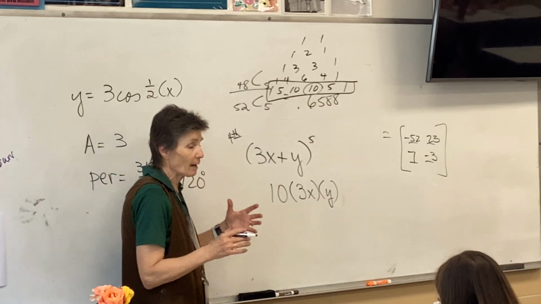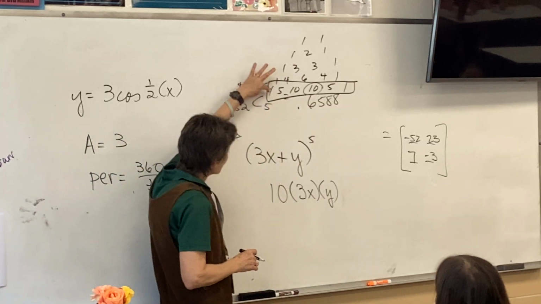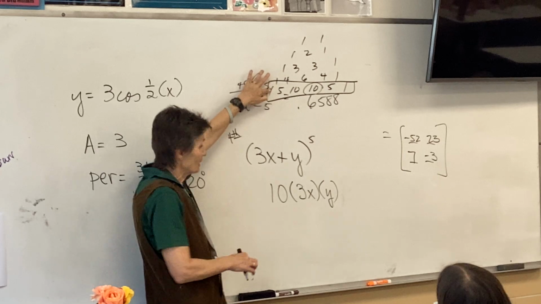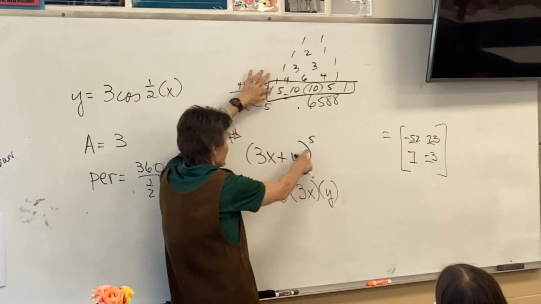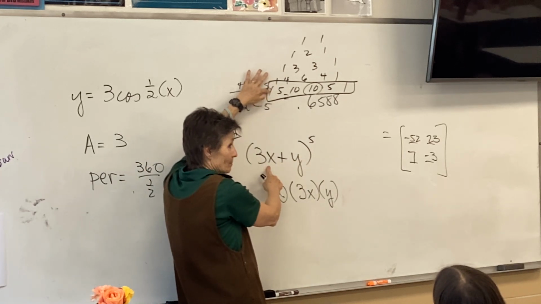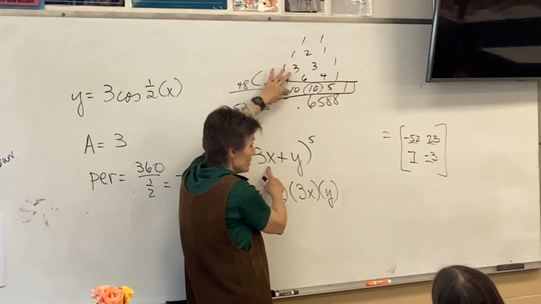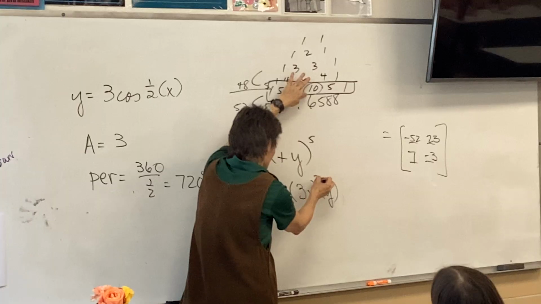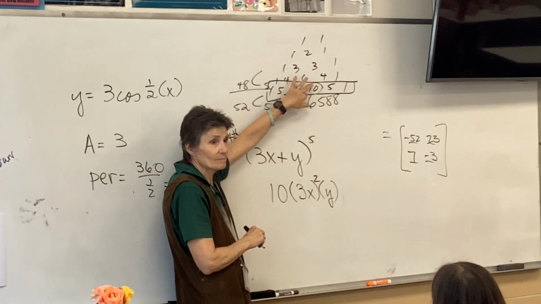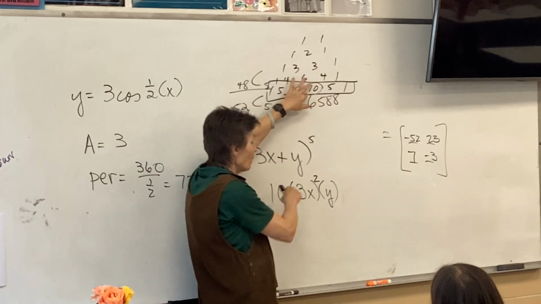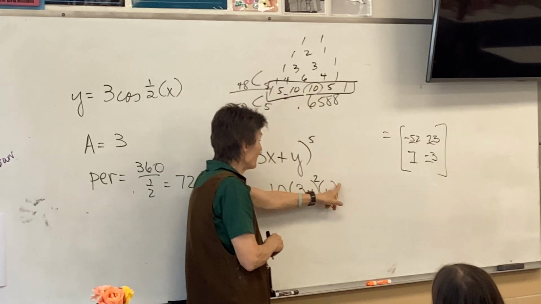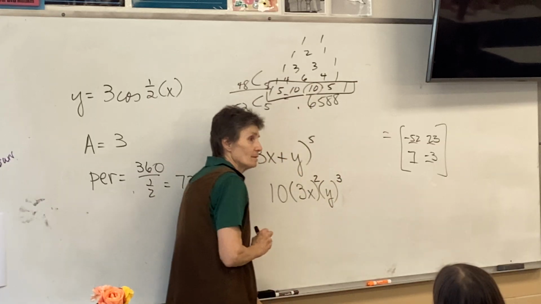Right here in the first term, the exponent on my x would be 5. And here it would be 4, and 3, and 2. So I just count down. And if I put a 2 on that one, then that one's gonna be a 3.